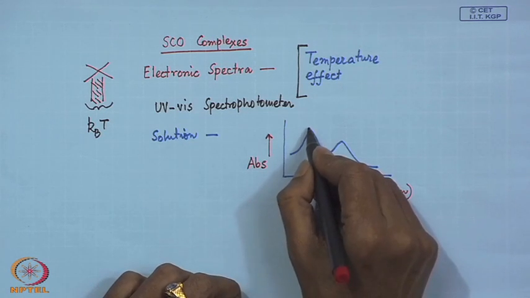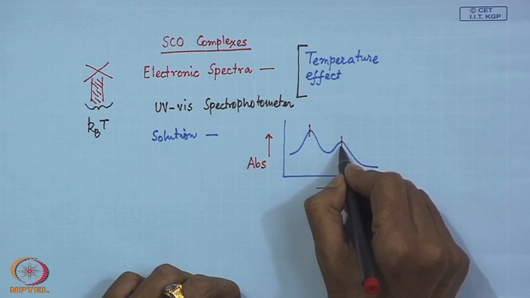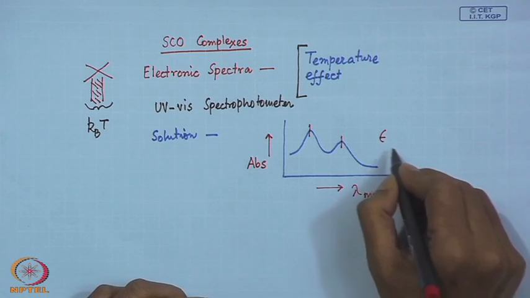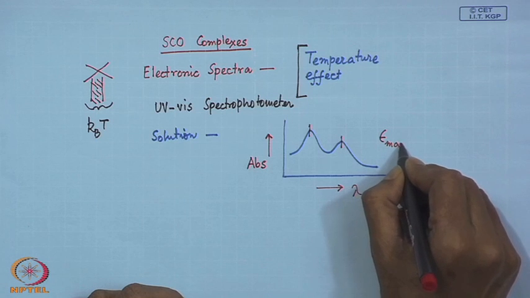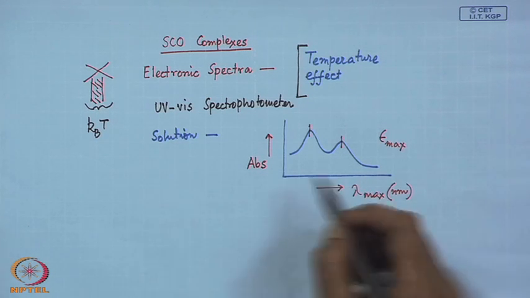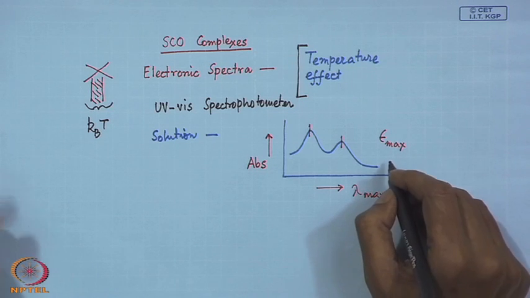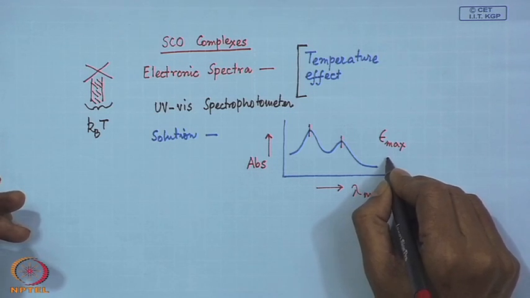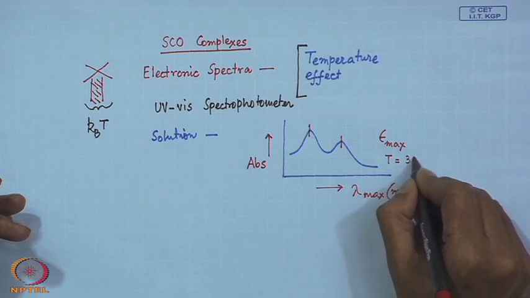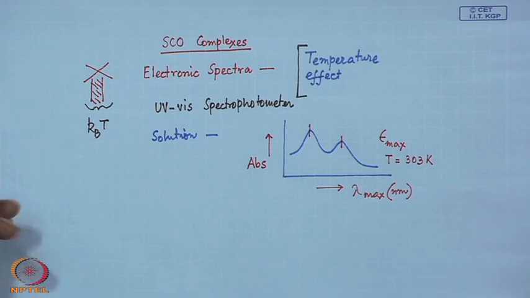So, these are the two corresponding lambda max values, and also using Lambert-Beer's law we record the molar absorptivity at the same time. Another parameter we should also label is whether we are measuring this at say 303 Kelvin or some other temperature. That means the temperature is very important and crucial for this sort of measurement.